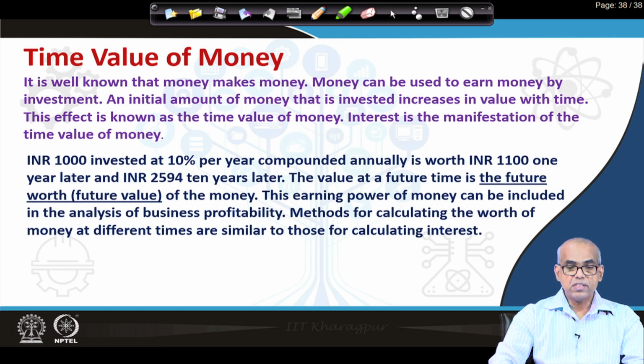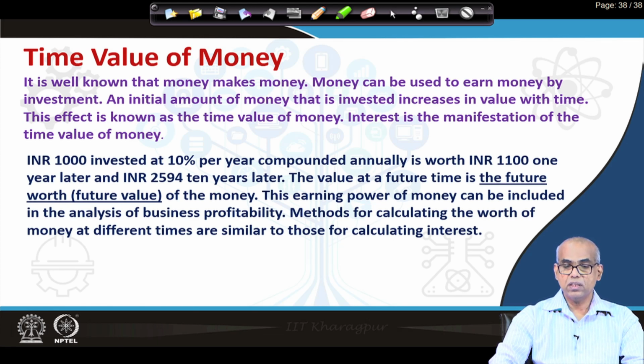Rupees 1000 invested at 10% per year compounded annually is worth rupees 1100 one year later and rupees 2594 ten years later. The value at a future time is the future worth or future value of the money. This earning power of money can be included in the analysis of business profitability.